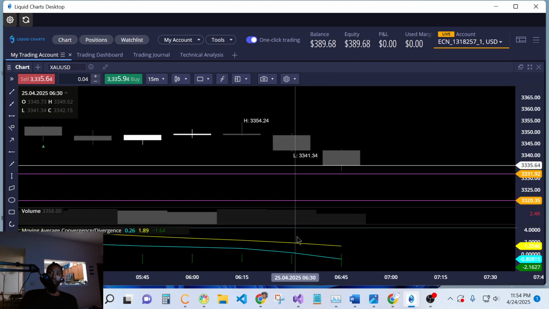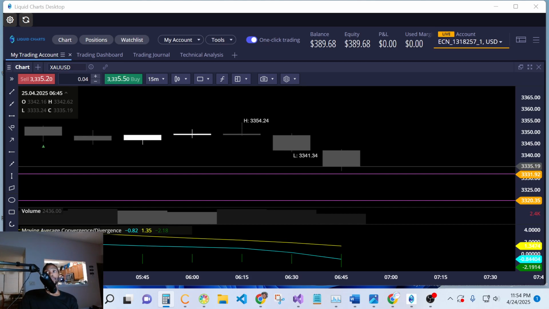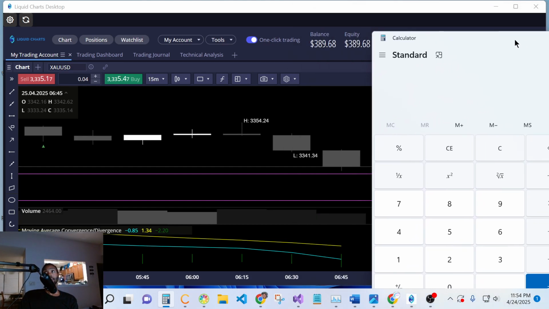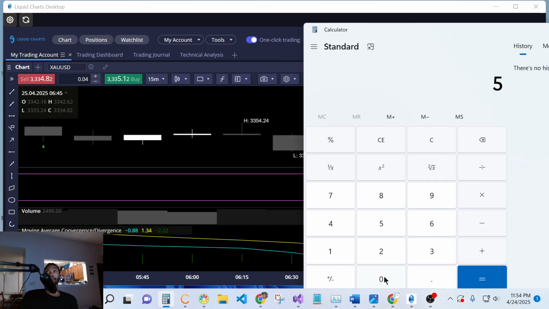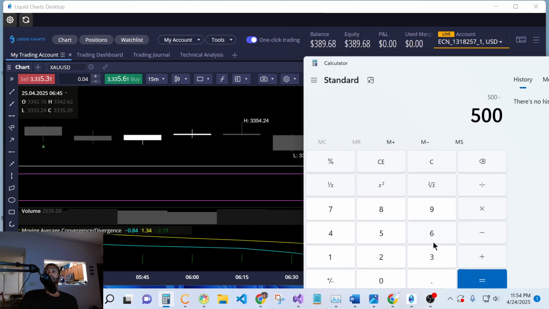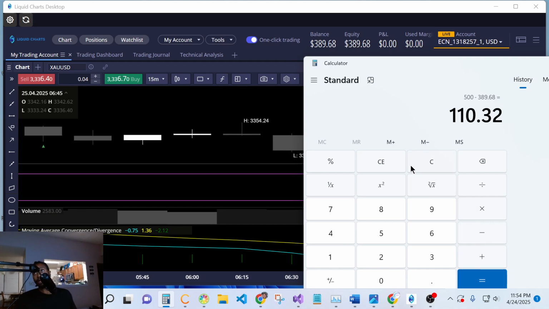I'm currently in drawdown. Let's see. So yeah, I'm down a lot, especially as far as my percentage rating. So let's calculate that.